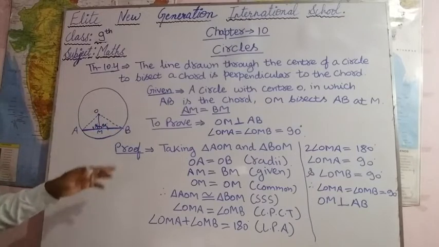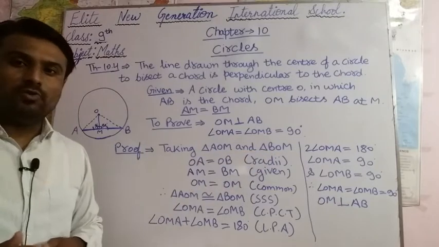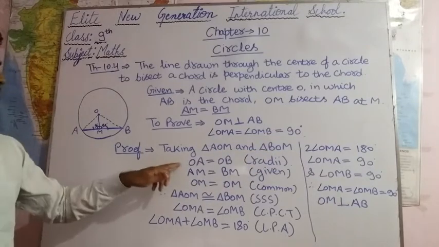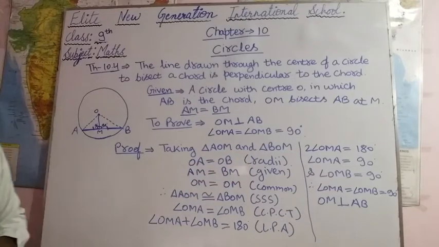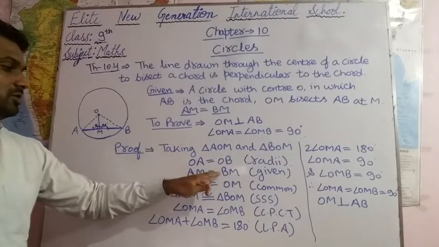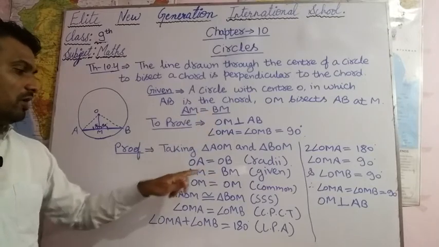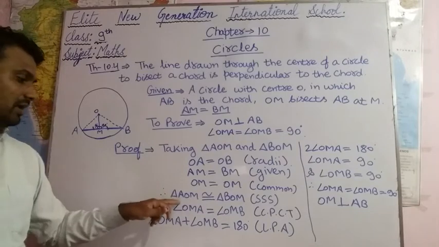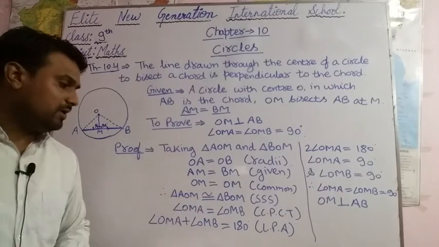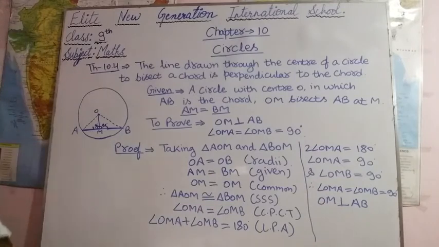So in the proof, taking triangle AOM and triangle BOM, in these two triangles, first of all OA equals OB, these are the radii of the same circle, and AM equals BM, this is given, and OM equals OM, that is common. Therefore, triangle AOM is congruent to triangle BOM by SSS, side side side.